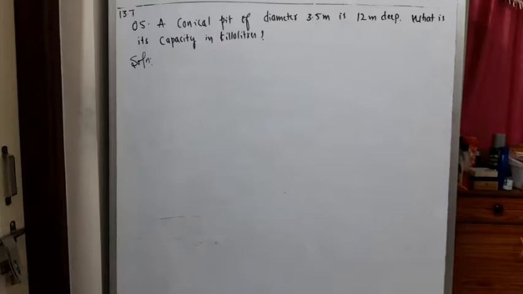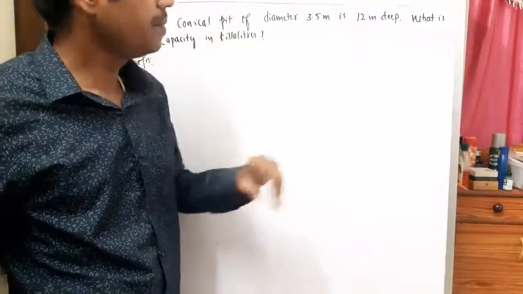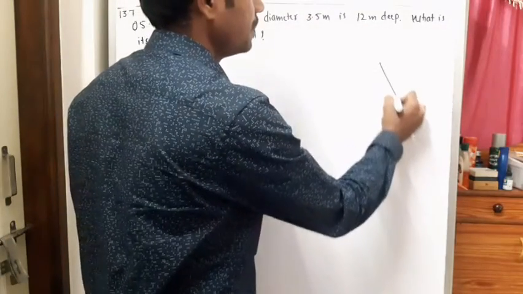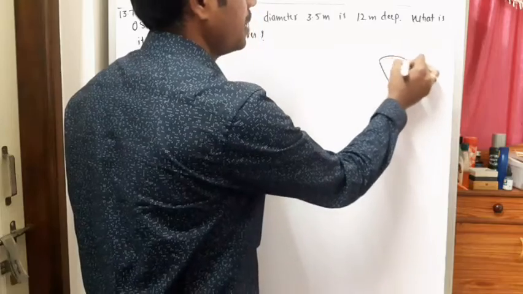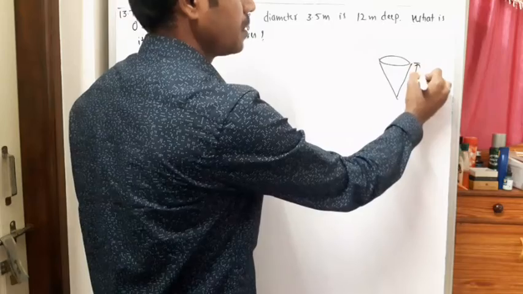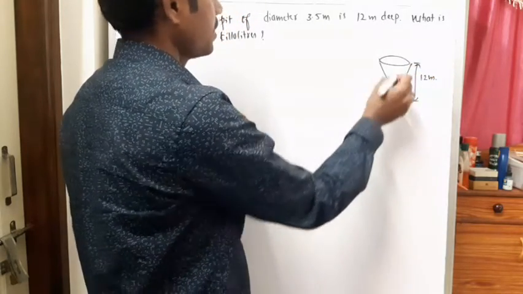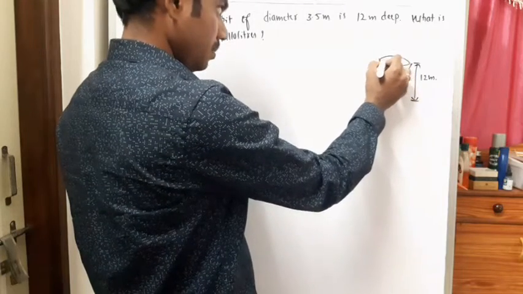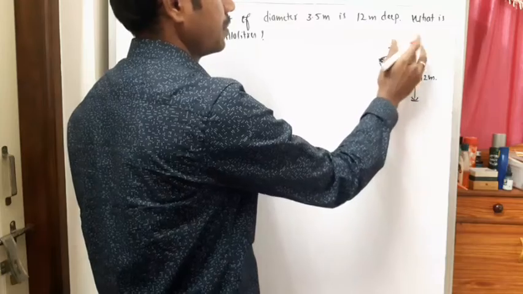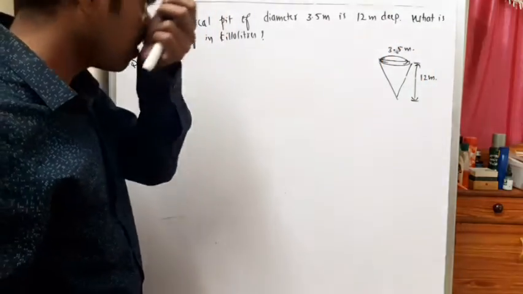Fifth question, a conical pit of diameter 3.5 meter is 12 meter deep. What is its capacity in kiloliters? See, there is a conical pit. It is 12 meter deep. And it has a diameter of 3.5 meter.